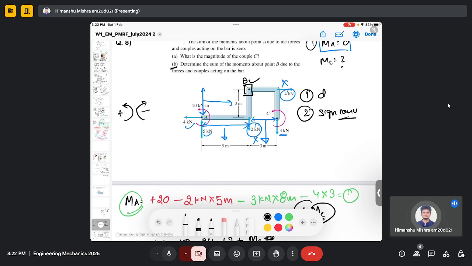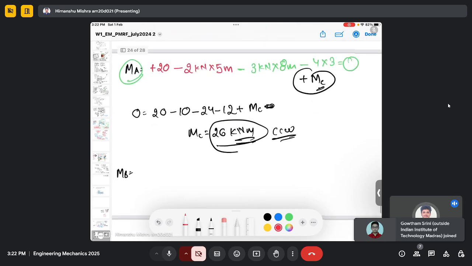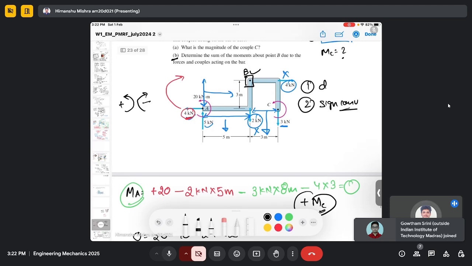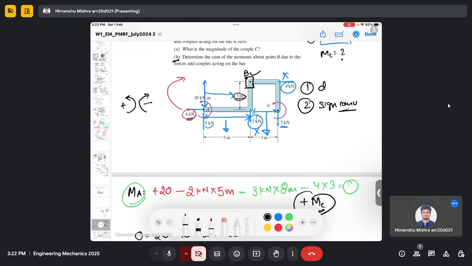So now let's consider the 4 kilonewton force, this one. You can see it will rotate in the clockwise direction around point B, right? So the movement due to this force will be negative. It will be minus 4 kilonewton multiplied by the perpendicular distance, which is 3 meter here.